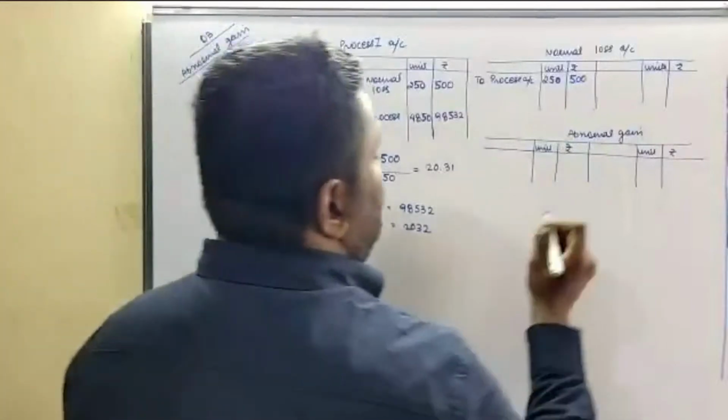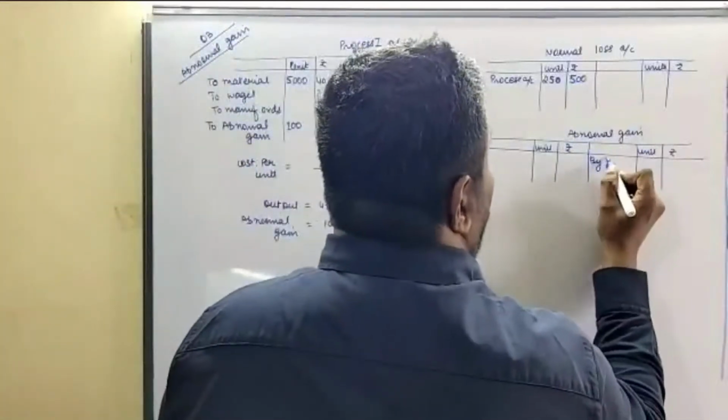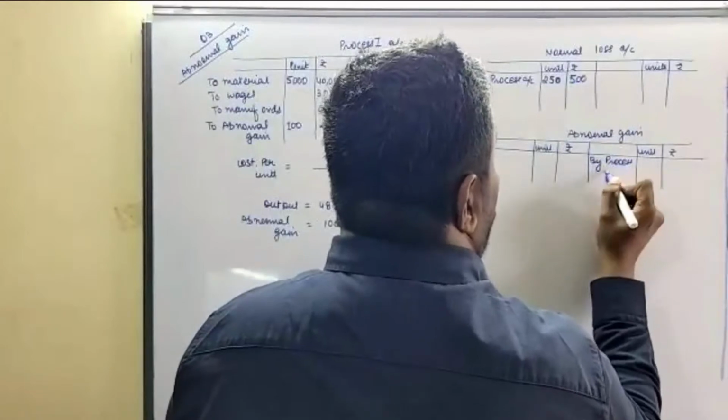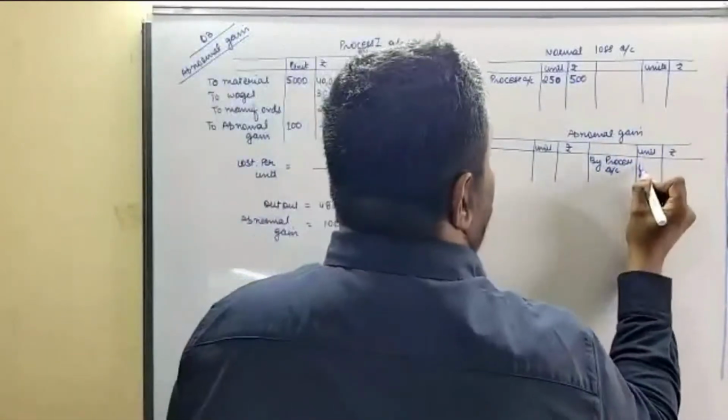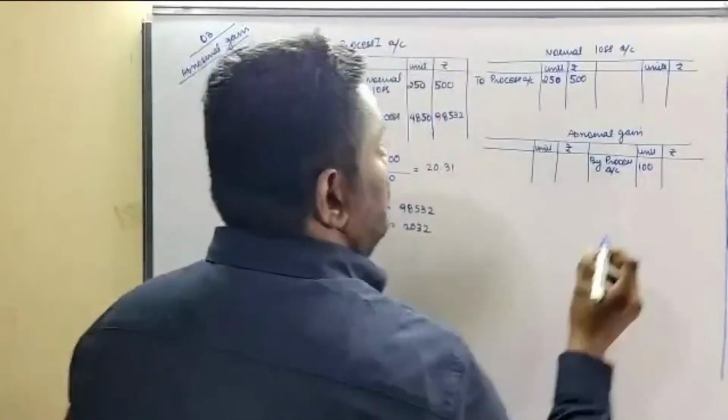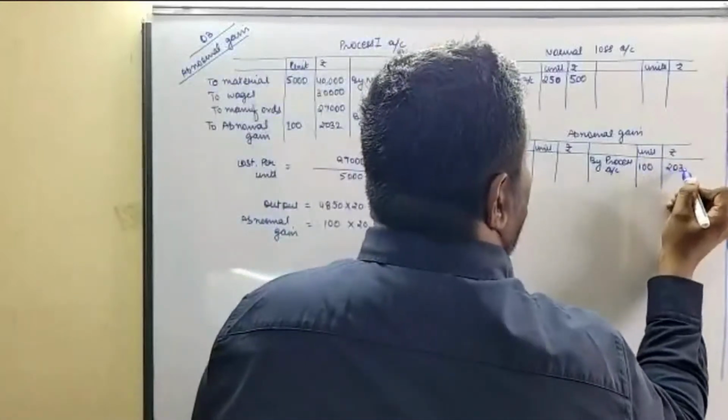And talking about abnormal gain account by process account, that is 100 units and the value is 2032.